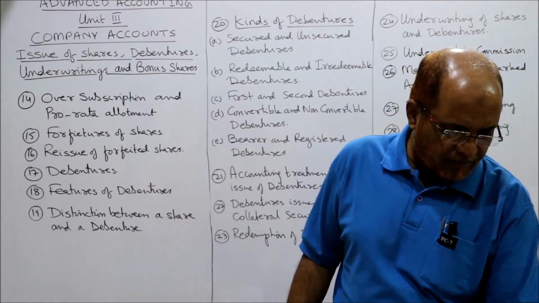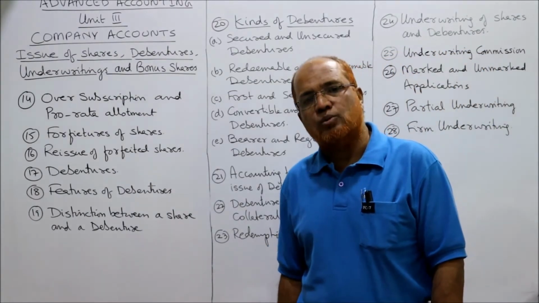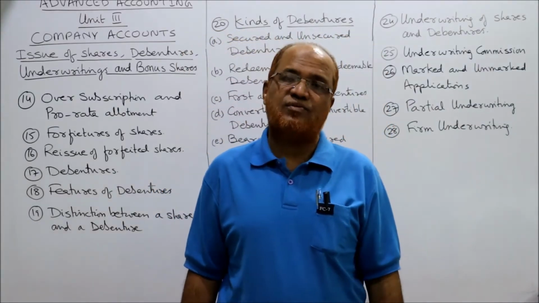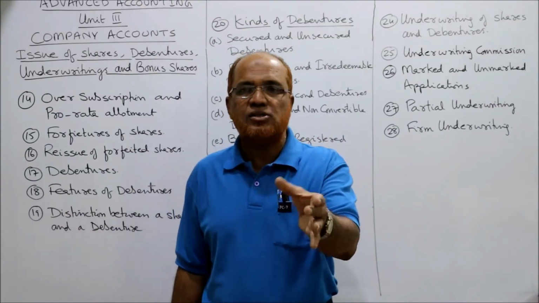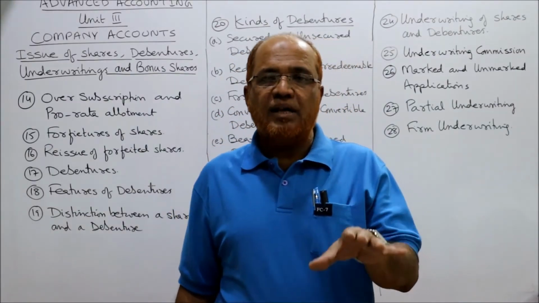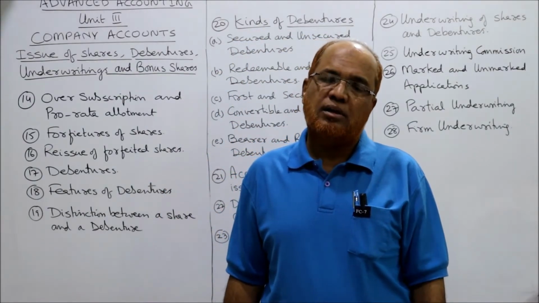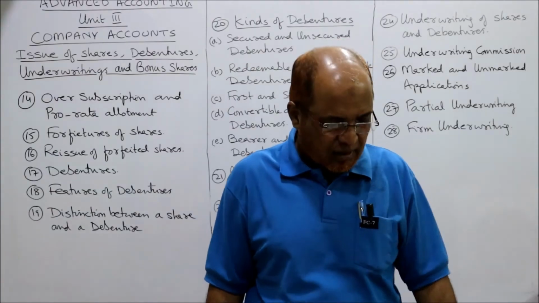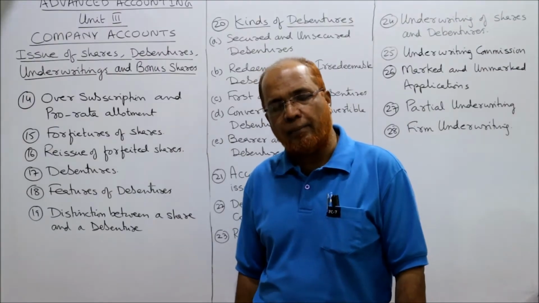Now what are the features of debentures? The first feature of debenture is it's a debt instrument. Share capital is the owner's fund. Shareholders are the owners. Share capital is the owner's fund, whereas debenture is a debt fund, a loan, a debt which the company has to return. So the first feature: it is a debt taken by a company from the public.